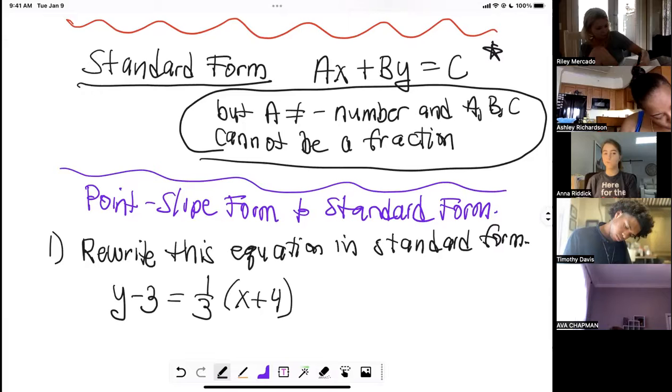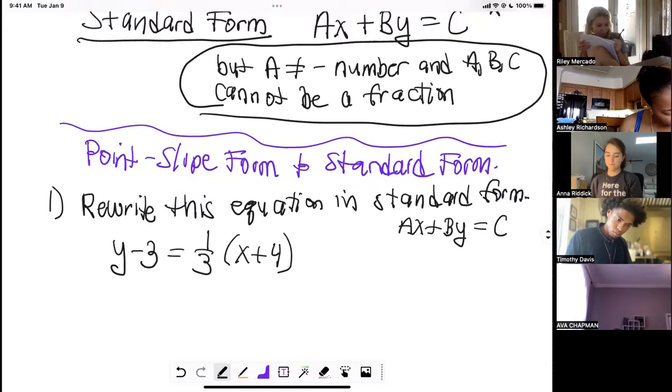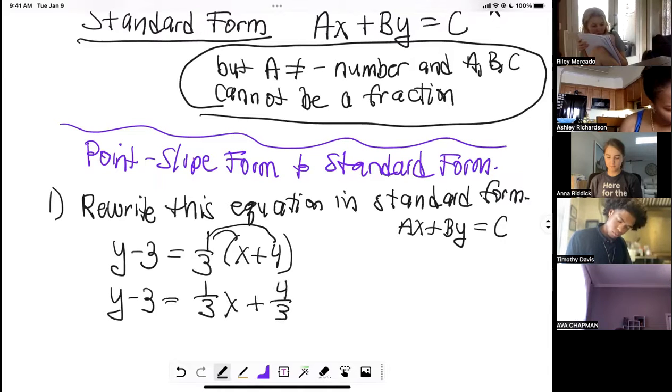So I need to get my x and my y on the left, and my constant has to be on the right. All right, so how do I do that? Well, first, we're going to do exactly what you think we're going to do. We're going to distribute the 1/3. y minus 3 equals 1/3 times x, 1/3 x. 1/3 times 4 is 4/3.